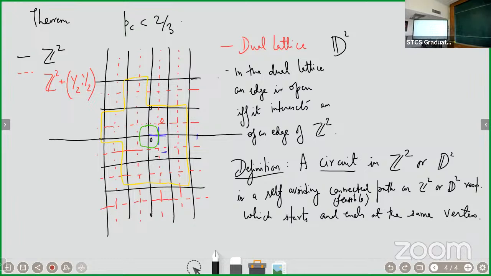All we are saying right now is that a closed circuit around the origin must cross the x-axis. That much is clear. By the same logic, it should cross the y-axis.